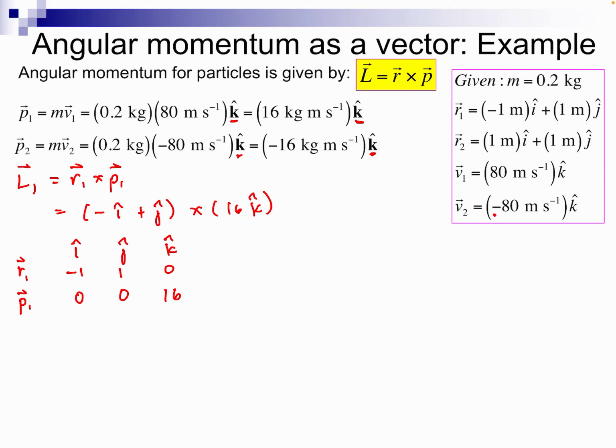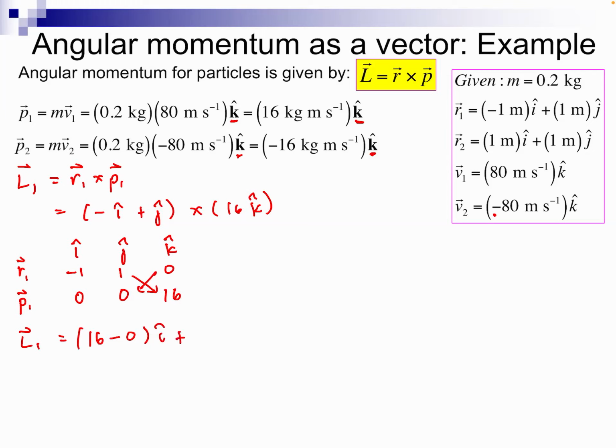So then, the angular momentum for ball one, using the determinant rule, will have an i hat component. For the i hat component, you block the i hat column and get the determinant of columns j hat and k hat. So you'll have 1 times 16, that's 16, minus 0 times 0, that's 0, for the i hat component.